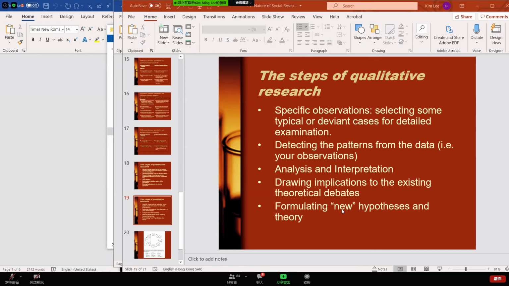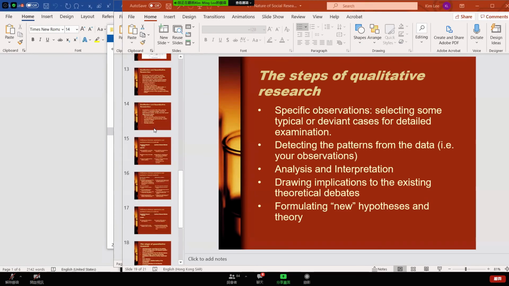So hypothesis testing is at the end of your qualitative research. So remember this cycle, the wheel of scientific progress. Induction, qualitative research help you to modify theory. So this is why formulating new hypothesis and theory is the end product of qualitative research.